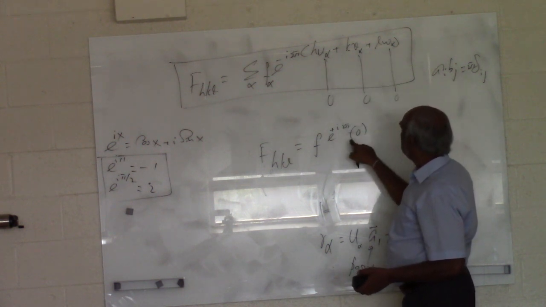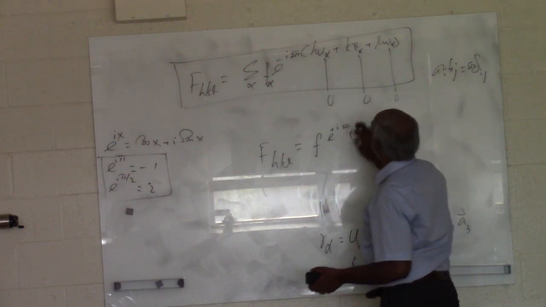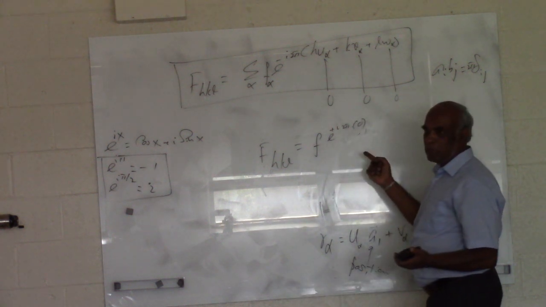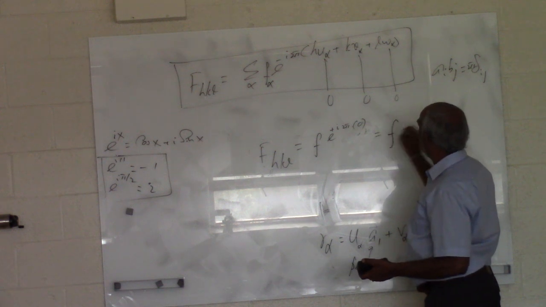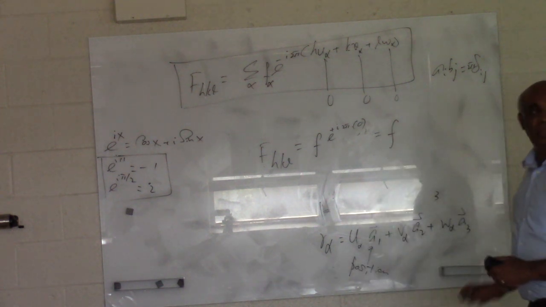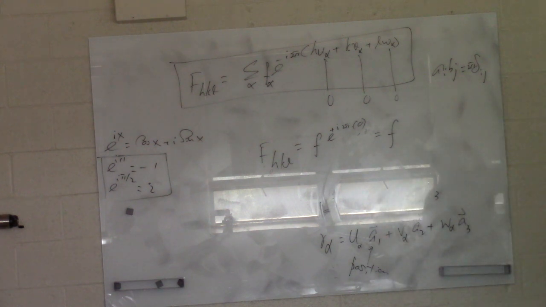That means E to the I times 0 means 1. So this is basically F. That means for simple cubic system, your intensity is always finite. You can never get any 0 intensities. For simple cubic, you will have all the possible reflections.